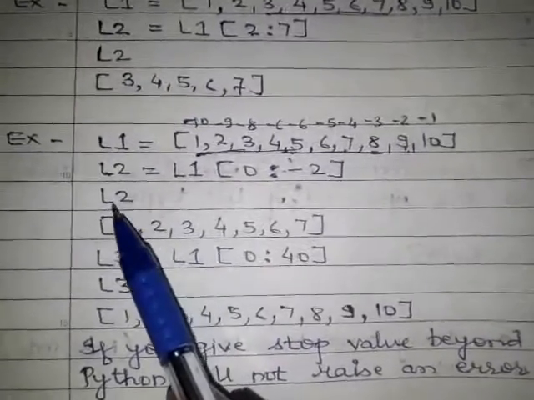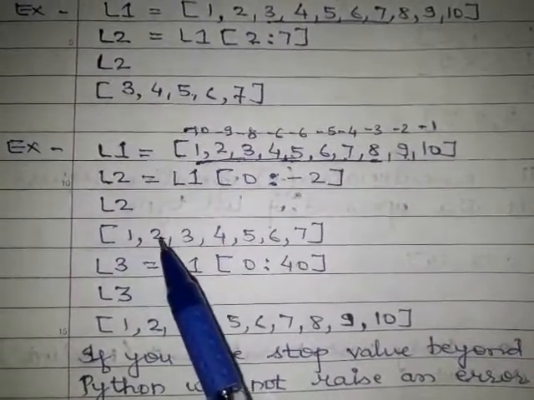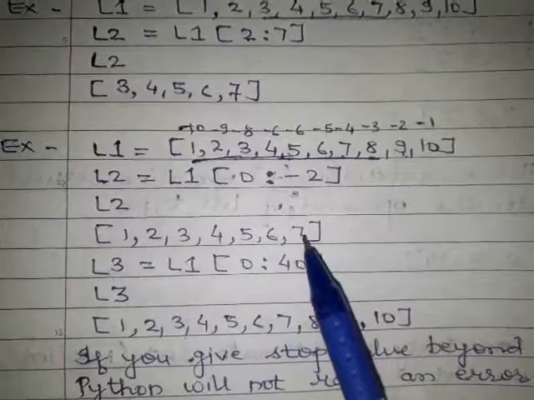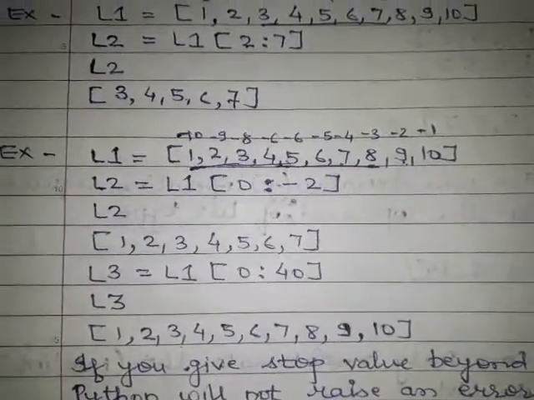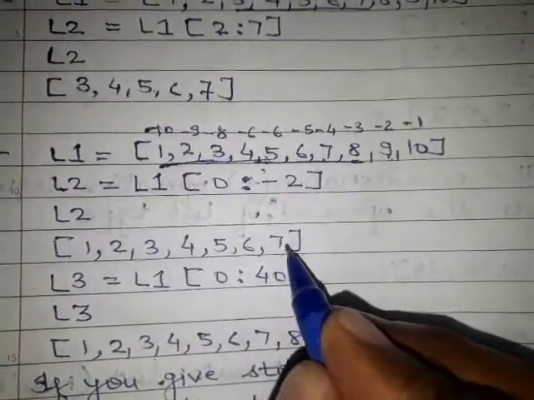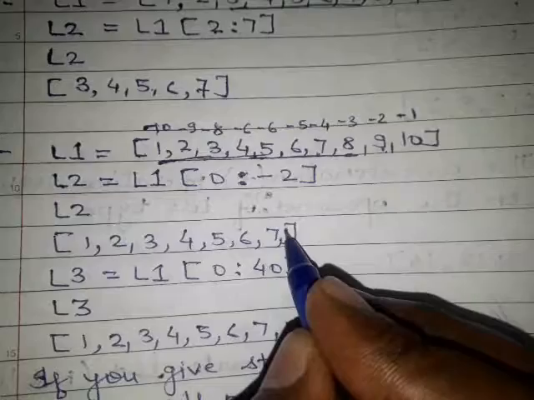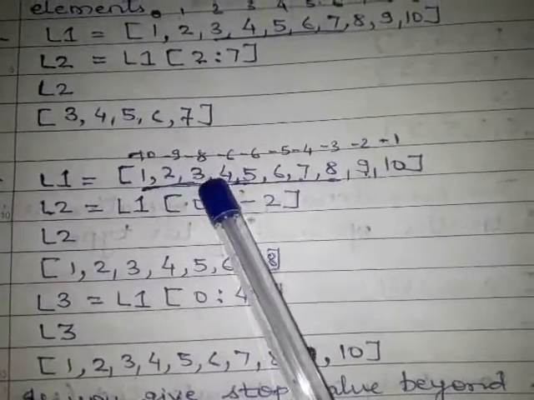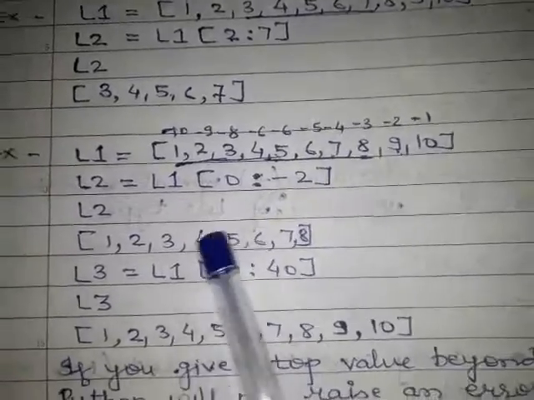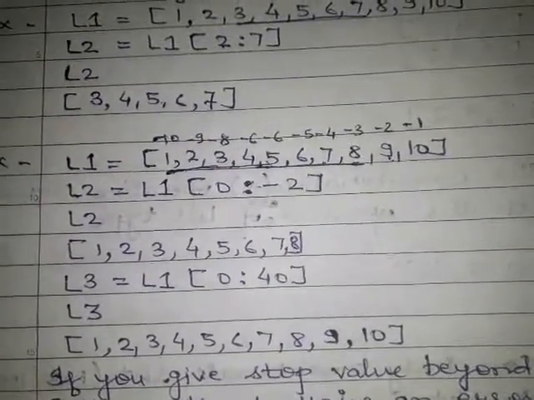So if we print L2, it consists of 1 2 3 4 5 6 7. 8 will also come here. I forgot to write 8 will also come here. Okay, so 1 2 3 4 5 6 7 8, these 8 elements are in the list L2.